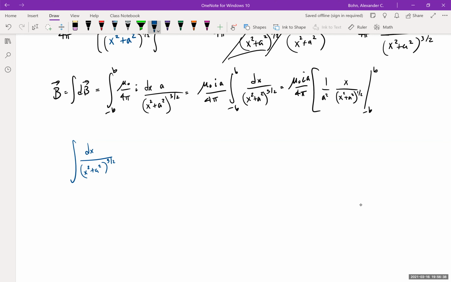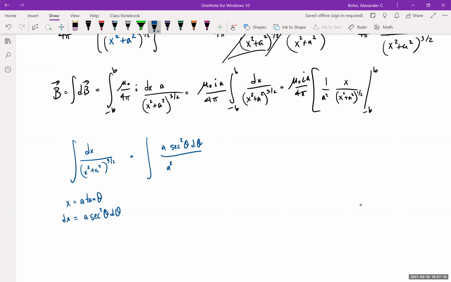So we're going to let x equal a tangent theta, so that dx is a secant squared theta d theta. So that looks like a secant squared theta d theta all over, hold on, the 3/2, it's throwing me off.